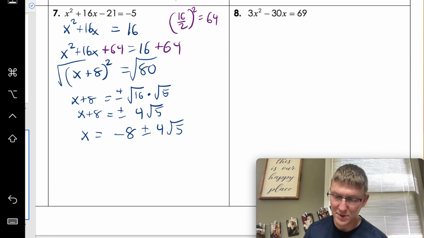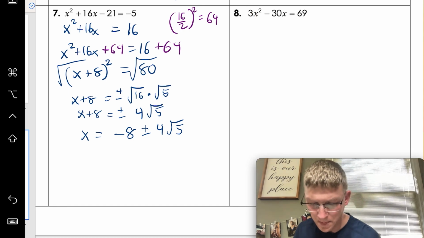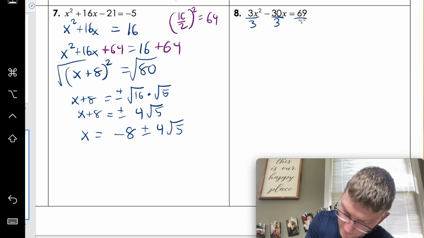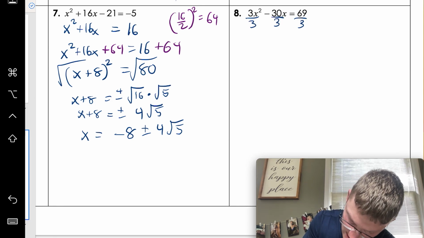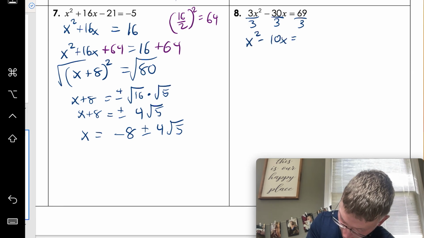So if we try the same thing on number 8, here we've got our 3 that is going to pose us some problems. So we're just going to divide the whole thing by 3. All of the other numbers are divisible by 3, so that is convenient. So now we've got x squared minus 10x equals 23.